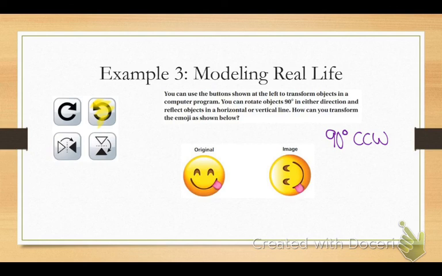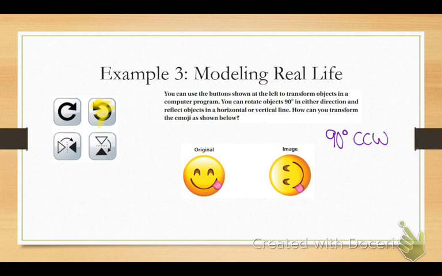Notice it's on its side now, but which side of the mouth is the tongue on? Look here. The tongue is on this side now, isn't it? So in order to flip it, it's got to reflect across the horizontal line, which is the bottom right button.